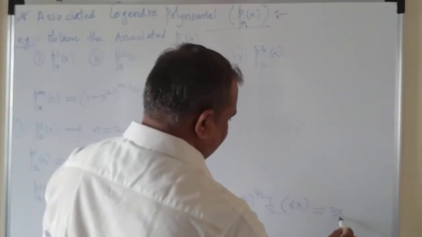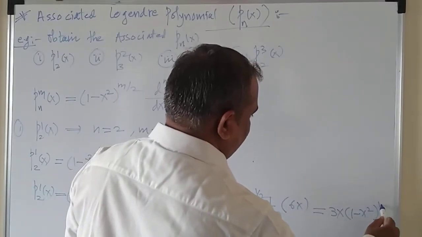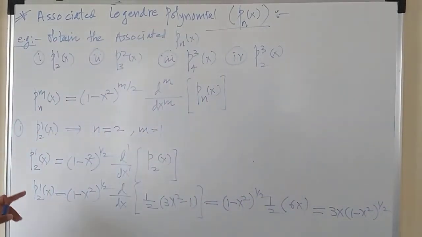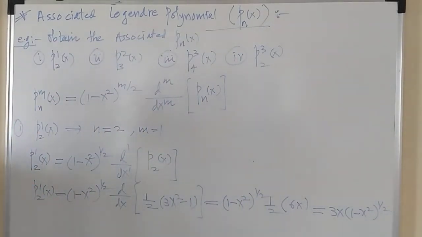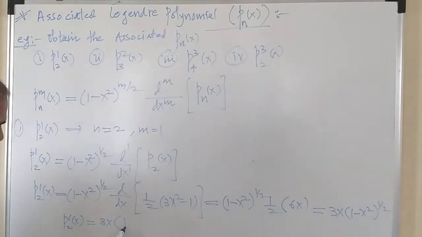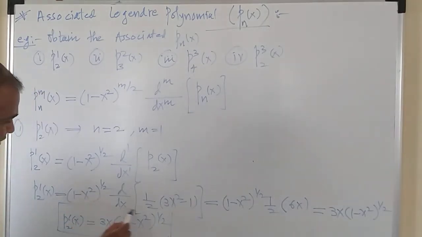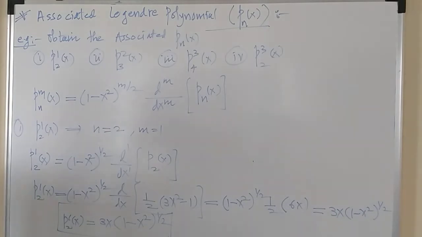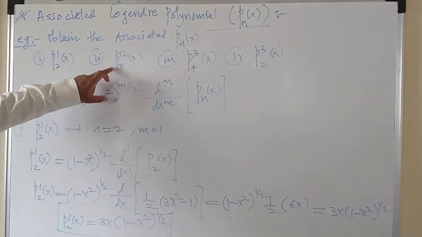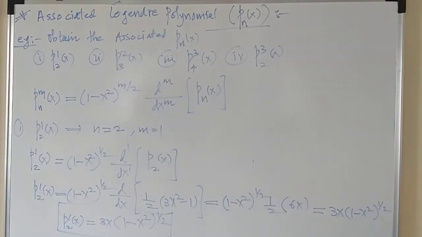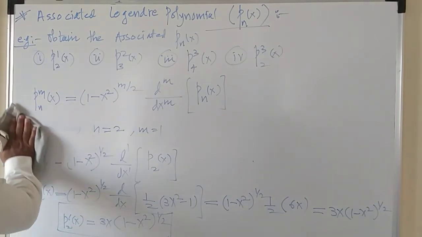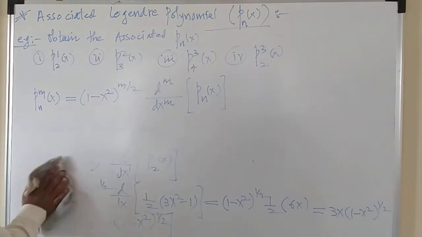So I can say 3x into 1 minus x square raised to power half is the value of P21 of x. Similarly, you can use the same method and obtain the value of P32 of x. We'll do one more problem, and then other problems you can solve.